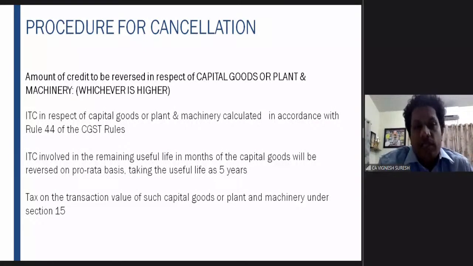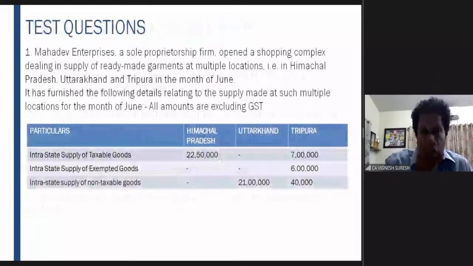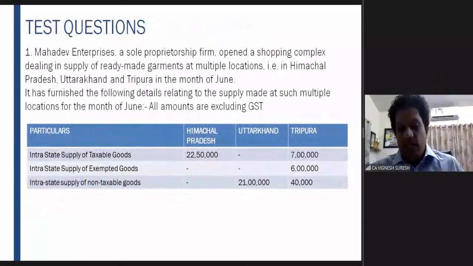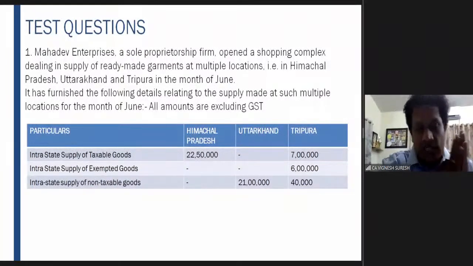Rule 44 of the CGST Rules, in the input tax credit chapter, gives the rules for the method of reversal of input tax credit, apportionment and reversal of input tax credit. The same rules apply here when I am calculating the input tax credit required to be paid on the capital goods lying in stock whenever I am filing the application for cancellation. So with this, we come to the end of this chapter.